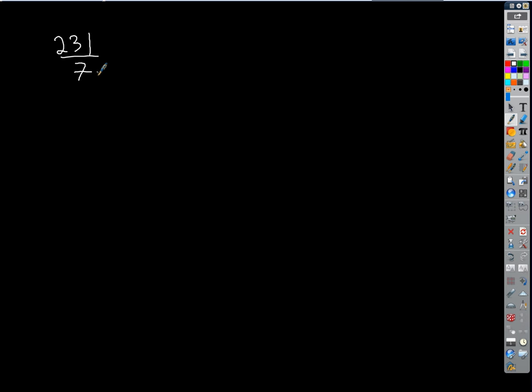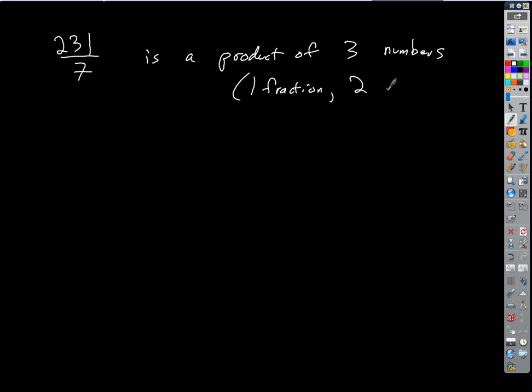I'm telling you that this is a product of 3 numbers. The 3 numbers are going to be 1 fraction and 2 integers. And I'm telling you that the fraction is 3 sevenths. Can you find the other ones?